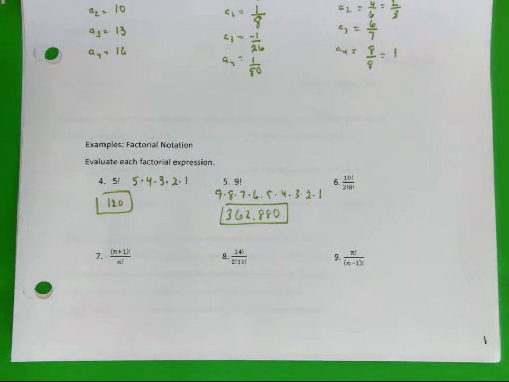Now you want me to show you where the symbol is on the calculator? Alright, you're going to hit the 9. Go to math. In the math category, does everybody see this? Do you see PRB?